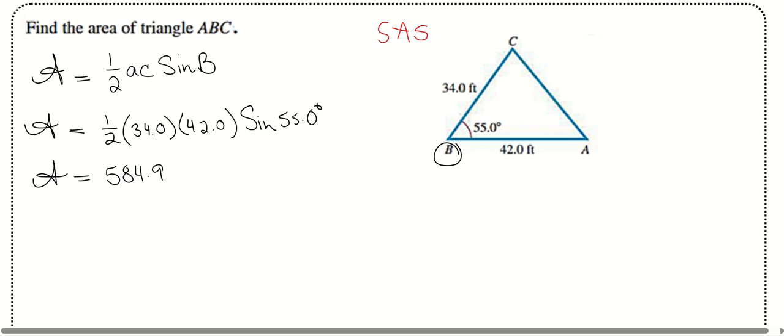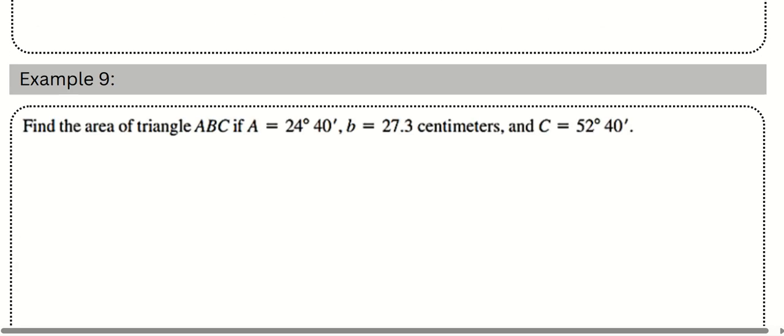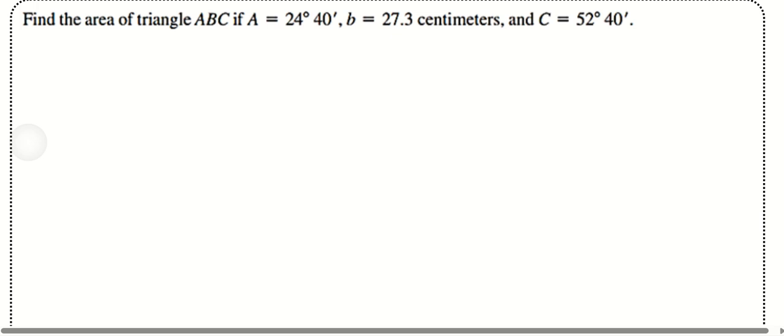Questions? Well, can't ask me questions right now, but yeah, that's pretty much on the area. Let's take a look at one last example, and then the video will be done, and you guys can get started on your assignments. So let's find the area of the triangle ABC.